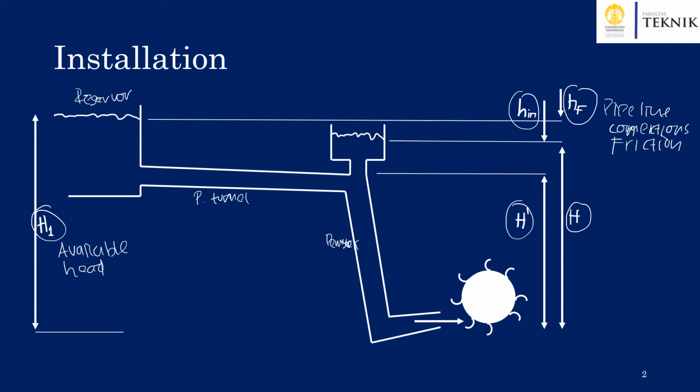We call it small hf, and this normally will cost us between 5 to 10% of energy losses due to pipeline connections, friction, and change in the cross-section area of the pipeline.